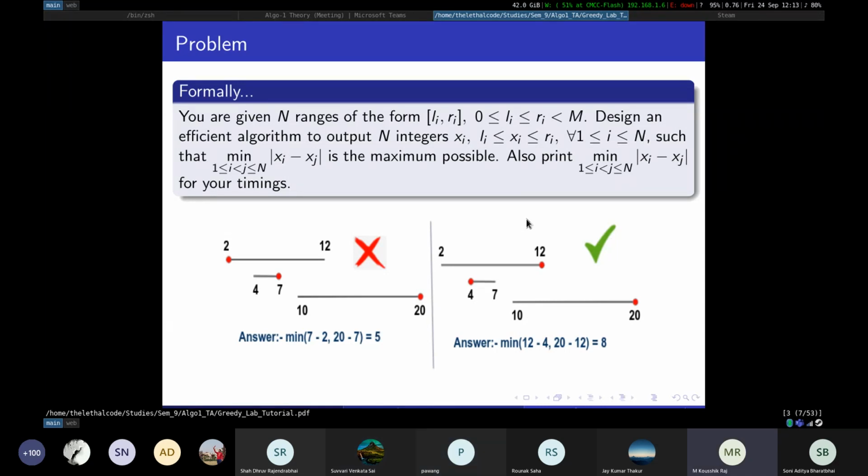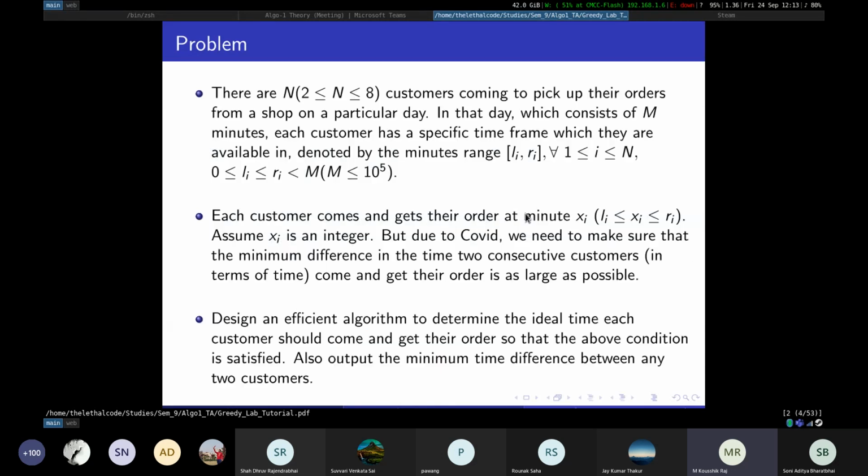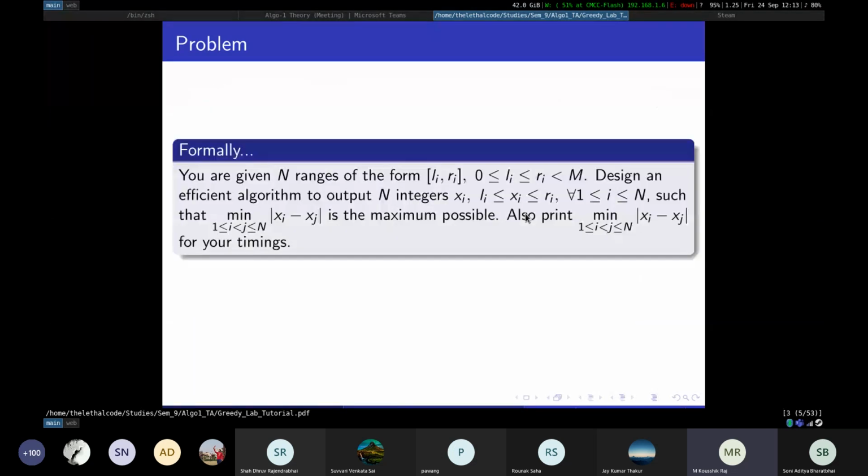You can proceed forward. Like, you can think about the solution if you want. Maybe I'll give you 1 or 2 minutes to form some ideas about how you go about it. The problem is basically simple, and the constraints for n and m are also given here. So the n is pretty small, around 8, and m is big, 10 power 5.